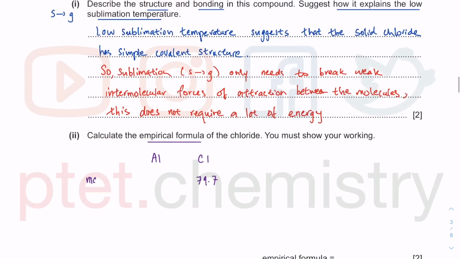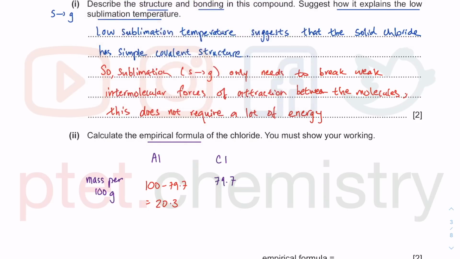So this is called mass per 100 gram, because it's essentially the breakdown of the percentage. If you have 79.7% of chlorine and you are a chloride of aluminium, therefore your remaining percentage must be the other atom, which is aluminium. So 100 minus 79.7, I get 20.3.